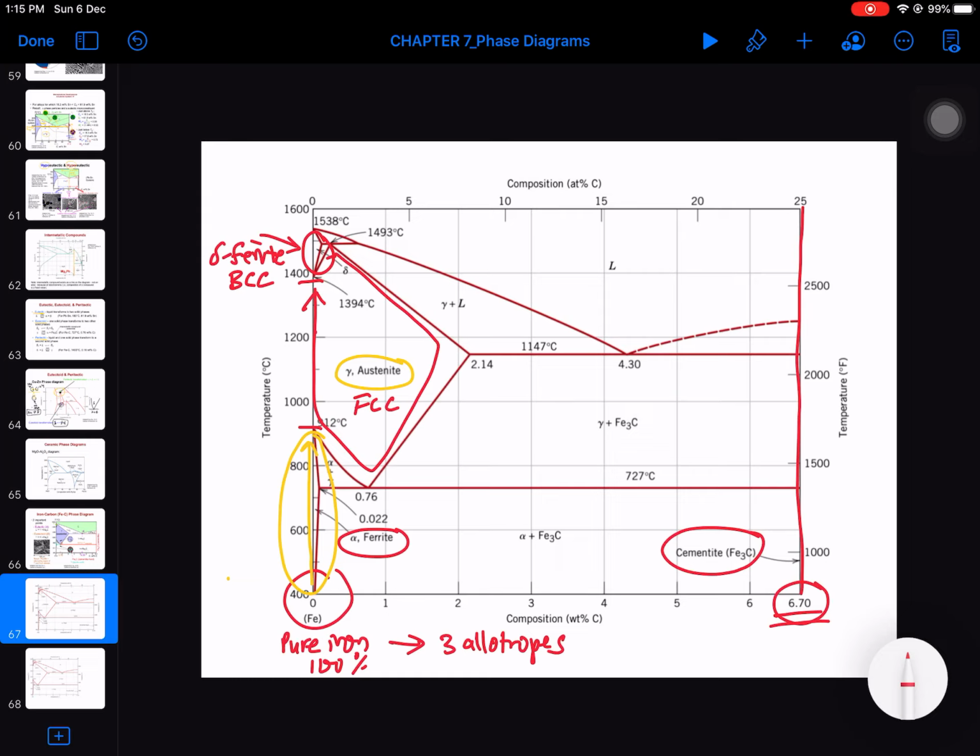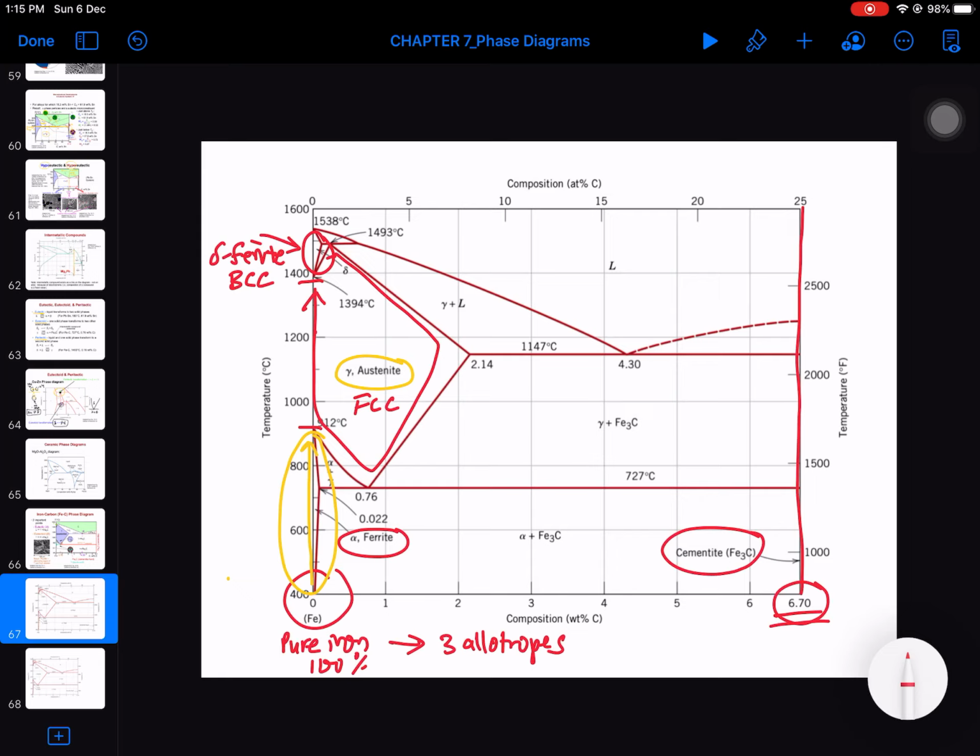The iron carbon system may be divided into two parts: an iron rich portion, as in the diagram that we have here, and the other, which is not shown here, for the composition between 6.7 and 100% weight percentage of carbon, which is pure graphite.